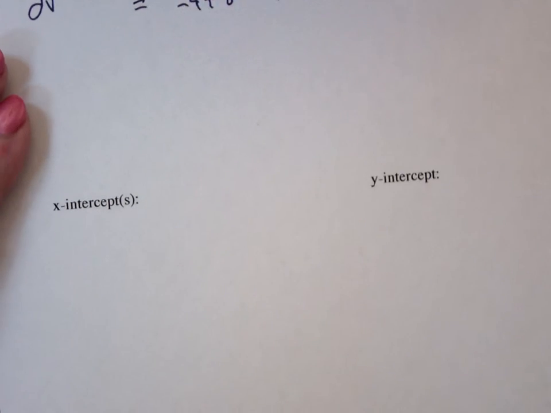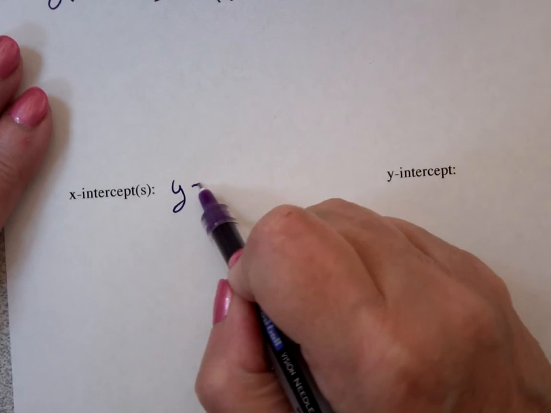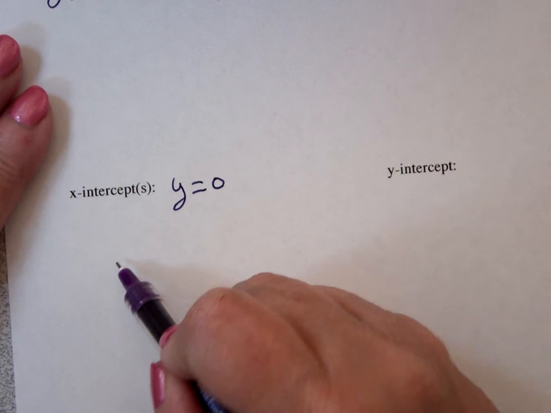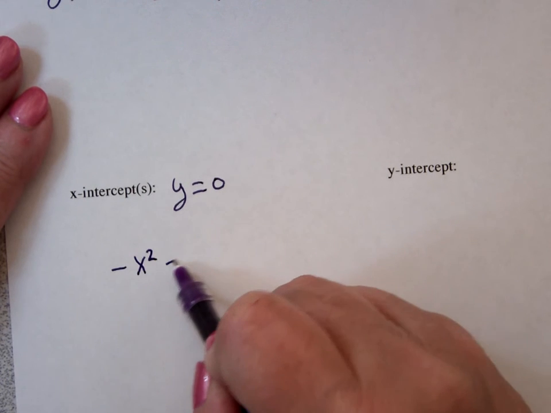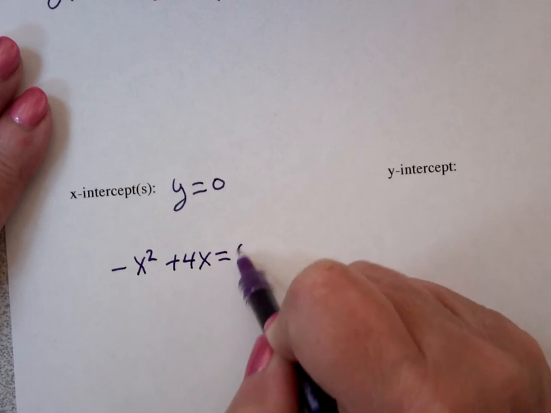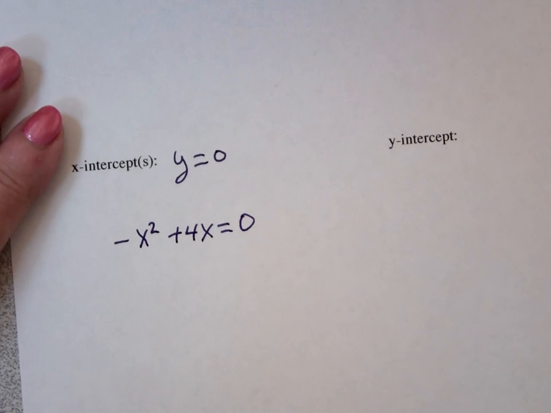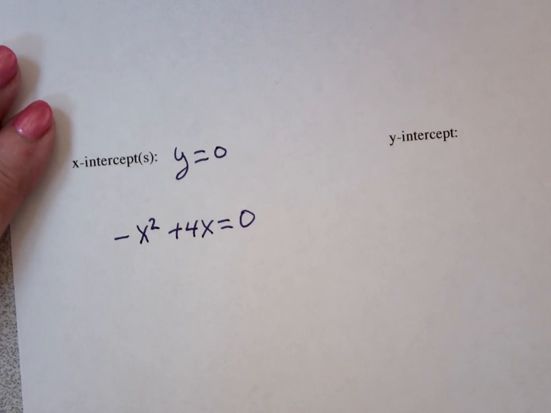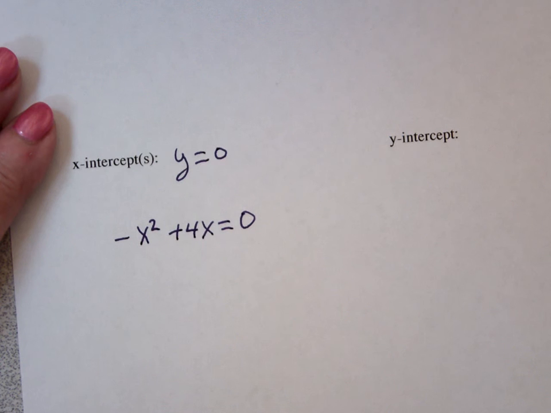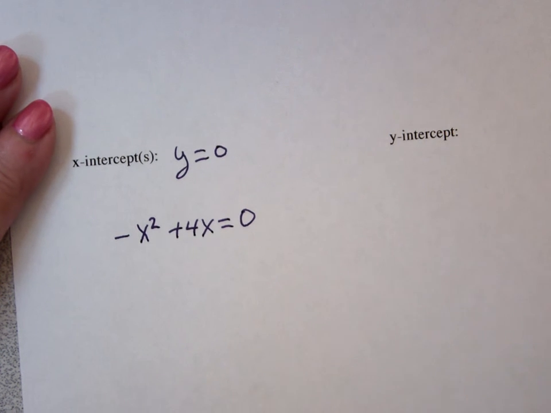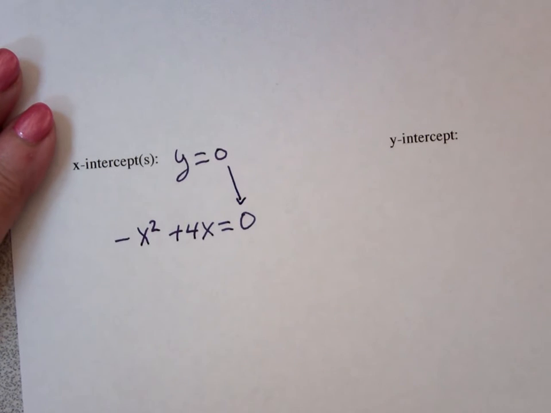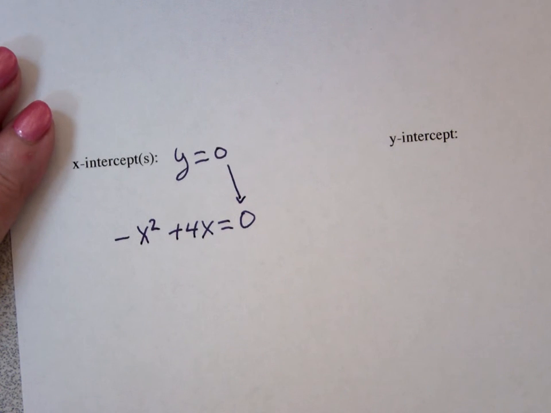The next thing I'm going to go after are the x-intercepts. X-intercepts are where y is 0, or where negative x squared plus 4x equals 0. What do I need to do with that guy? Anytime I got something set equal to 0, this is a quadratic, what do I need to do?